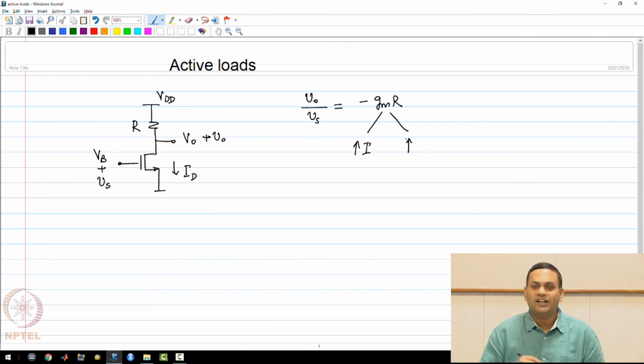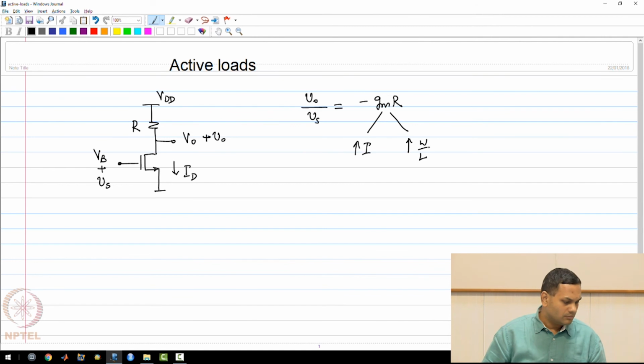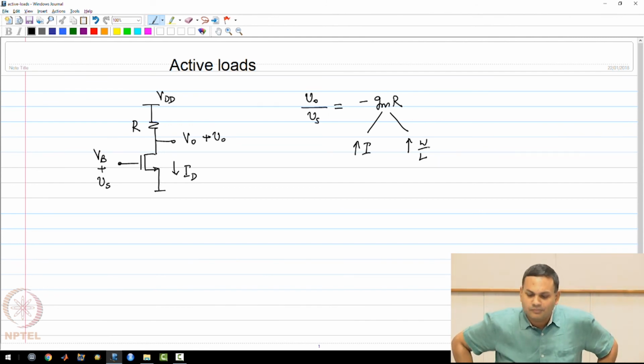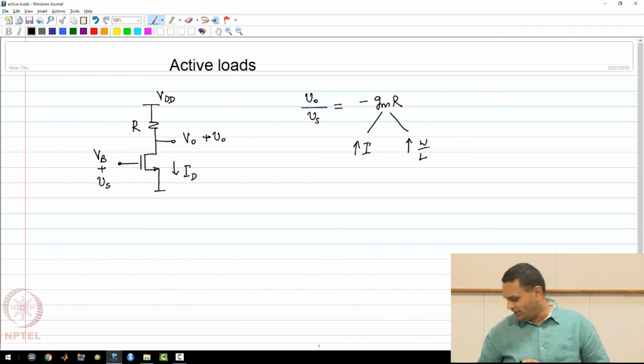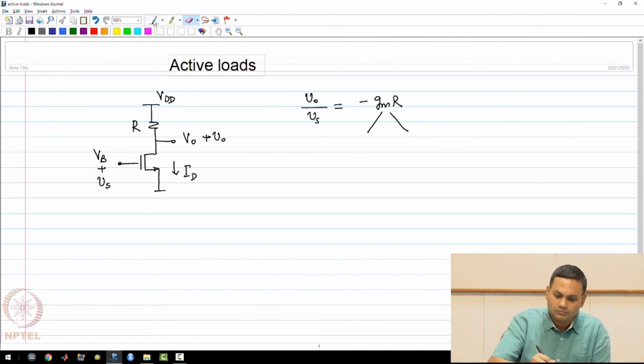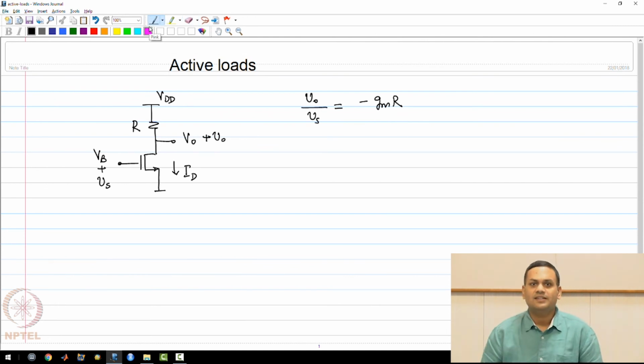The other thing that I would need to do is increase the width to length ratio.